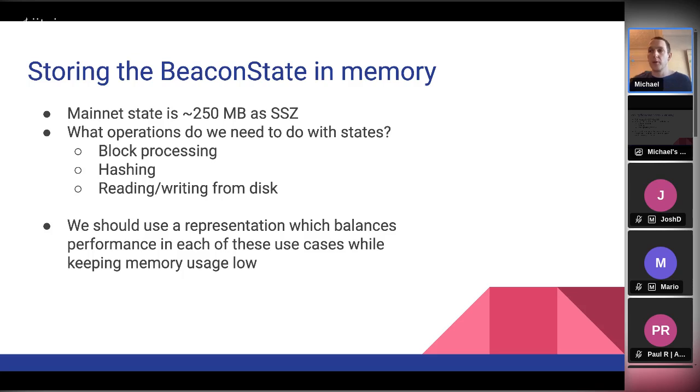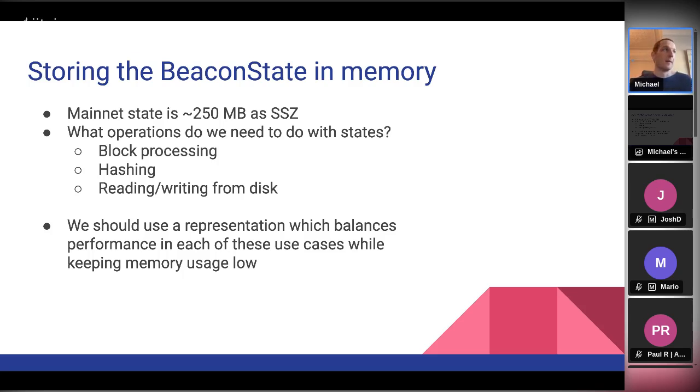When it comes to storing the state, we want to think about what sort of things we want to do with that state in memory. There are three main ones that affect our choice of a state representation in memory. The main one is block processing.